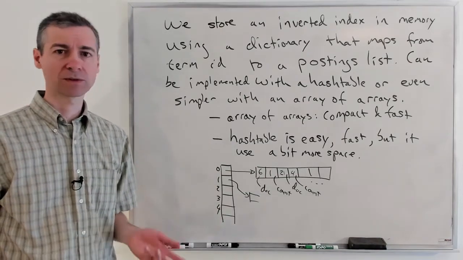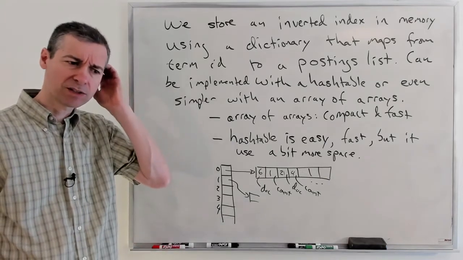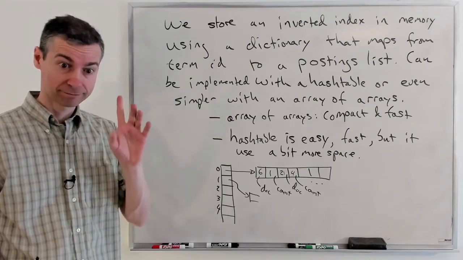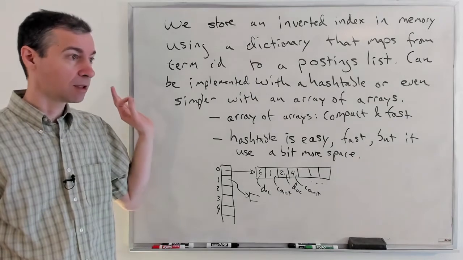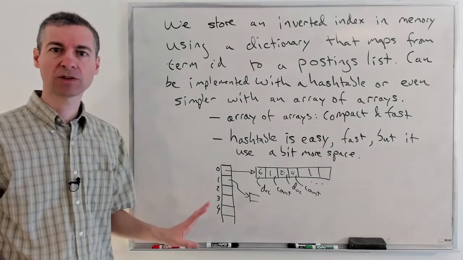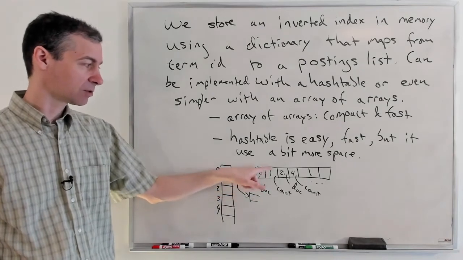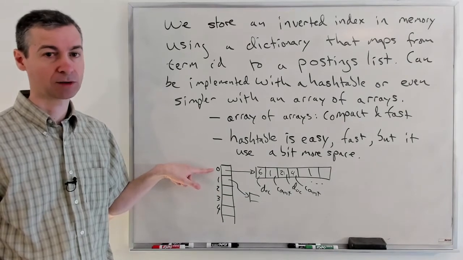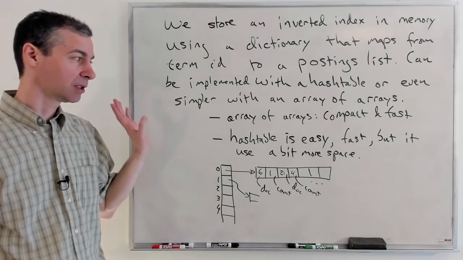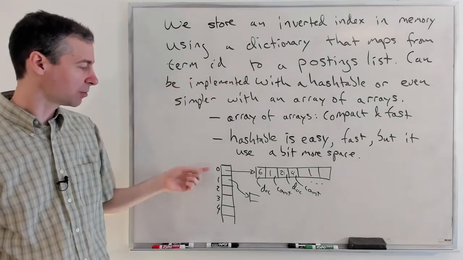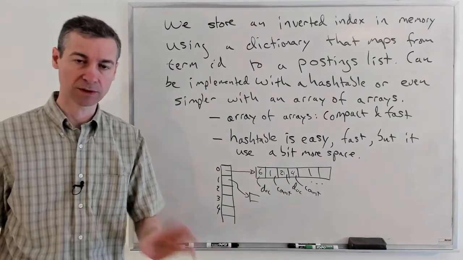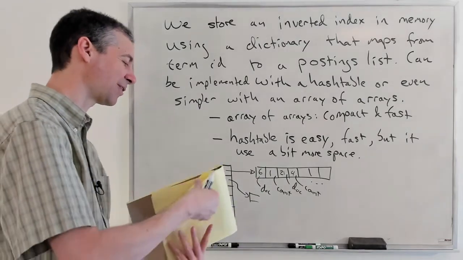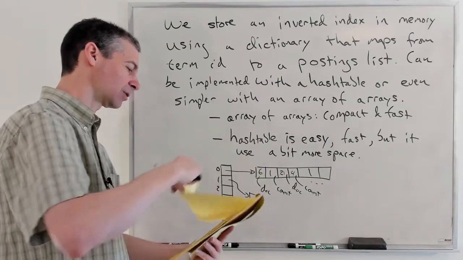So whenever a student comes and says it's taking 8 hours or something for my index to be built, usually it means they've not actually implemented a data structure that allows constant time access to a posting list given term ID. Okay, it's a trivial thing to implement. You could also, again, use a hash table, key off the term ID and return the postings list if that's easier for you. All right, but just make sure that it's constant time. Otherwise, you're going to have a horrible, horrible time.